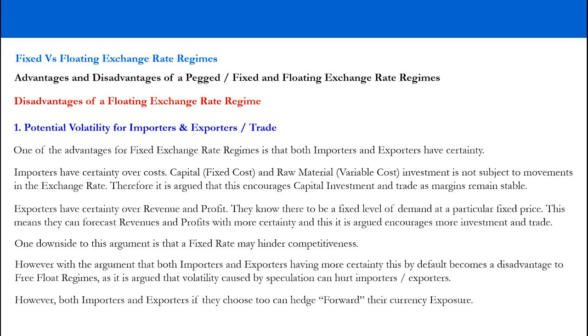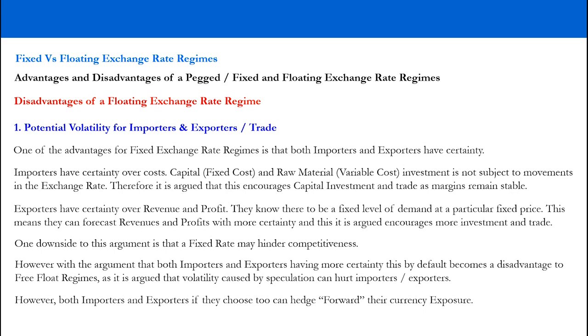Now, as we mentioned earlier, the advantages of floating exchange rate regimes are essentially the disadvantages of fixed regimes. Therefore, the disadvantages of floating regimes are the advantages, or serve as the advantages for fixed regimes.